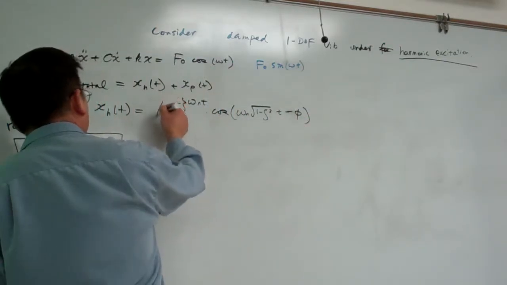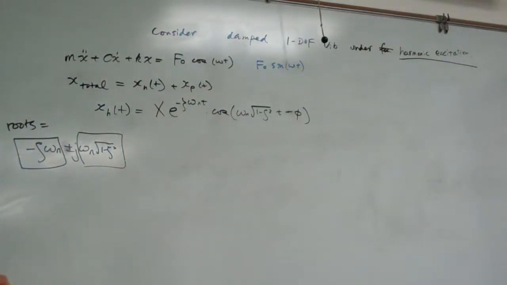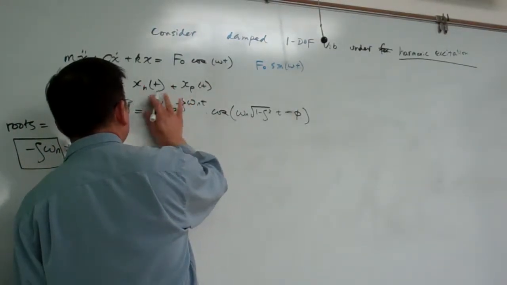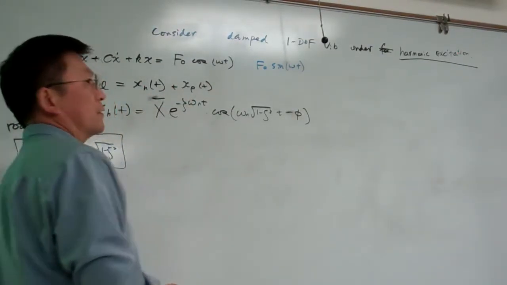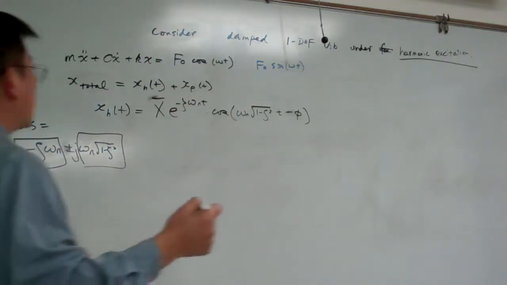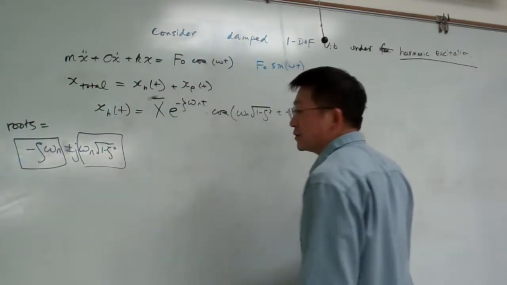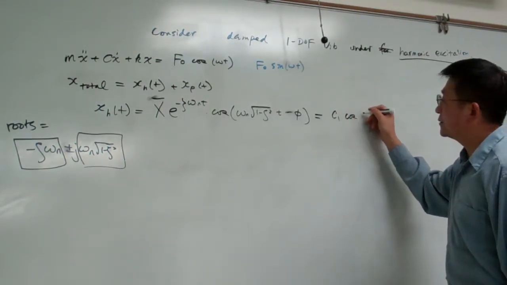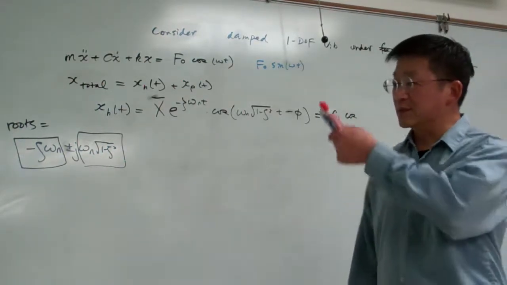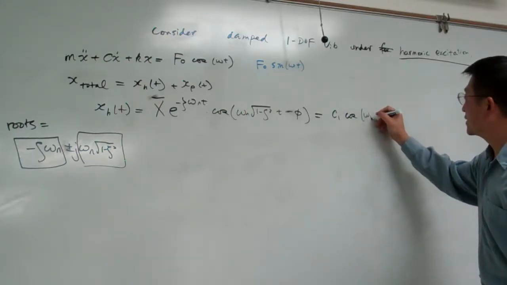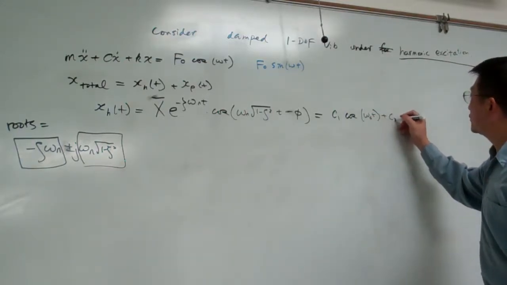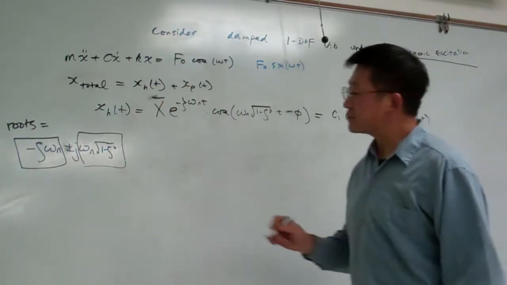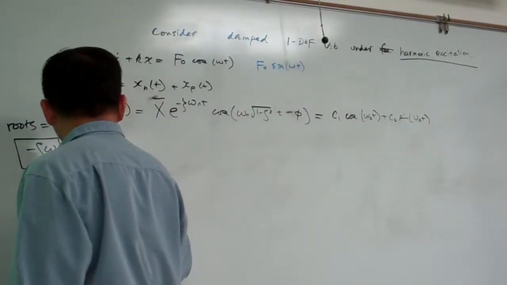And then we multiply with a certain amplitude. Let me call the amplitude capital X here. If you want to express it, you can also use the form C1 cosine omega d t plus C2 sine omega d t. I think I made a mistake there, so that should be omega d.